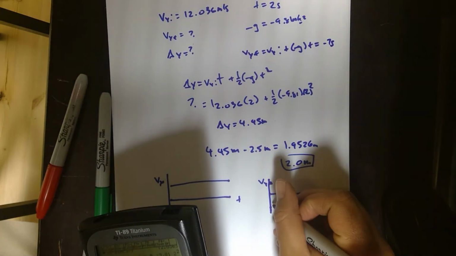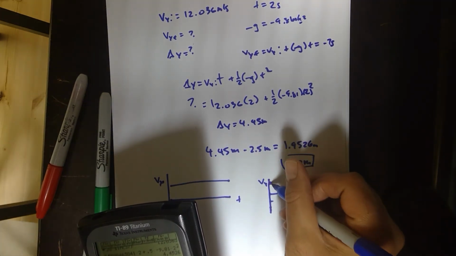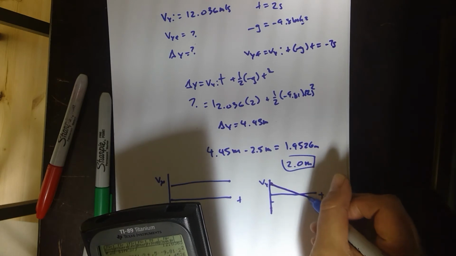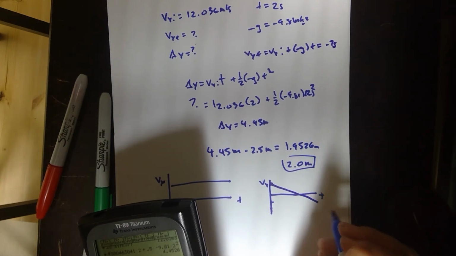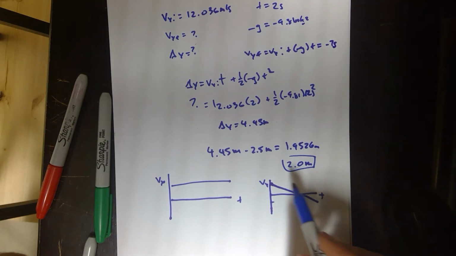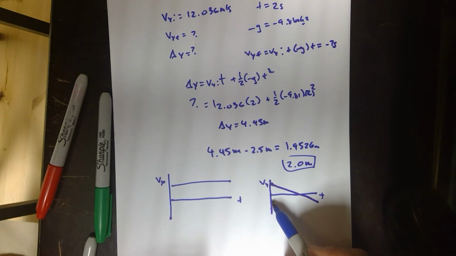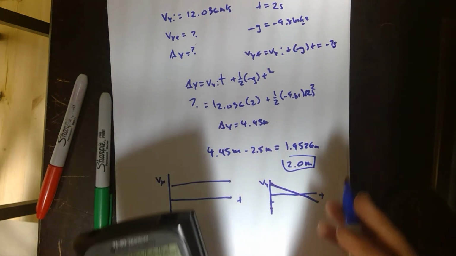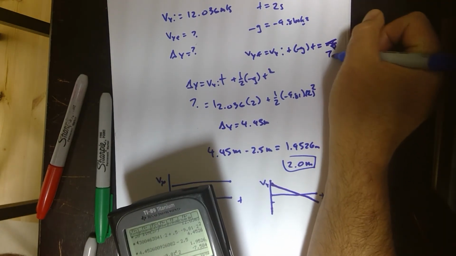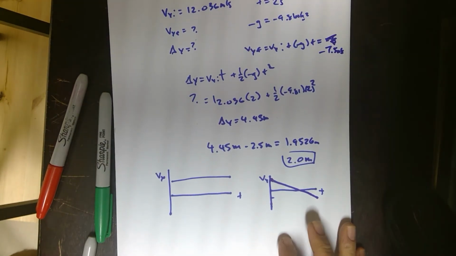So this thing will dip below the x-axis, probably somewhere around there. And I would expect this slope to be equal to negative g. You're given a grid there, and your graph should start at around 12, and you should end at around negative 7.5. Let's actually make that a little bit clearer up there, and that would be how you would be more exact.